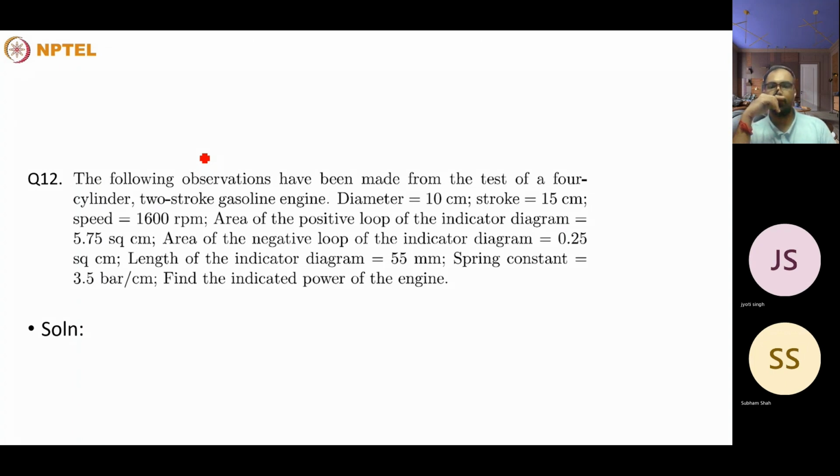The area of the negative loop of the indicator diagram is 0.25 square centimeter, and the length of the indicator diagram is 55 millimeter. Spring constant is 3.5 bar per centimeter, and we have to calculate the indicated power of the engine.